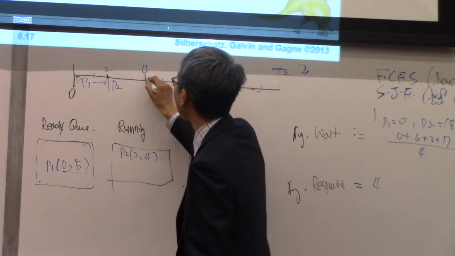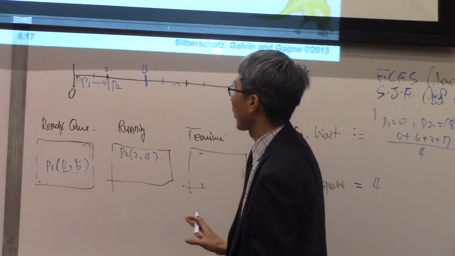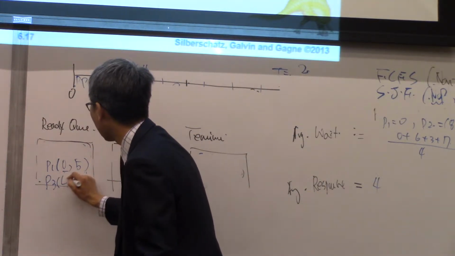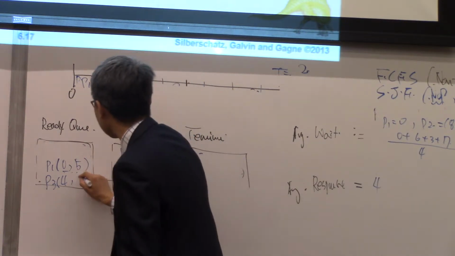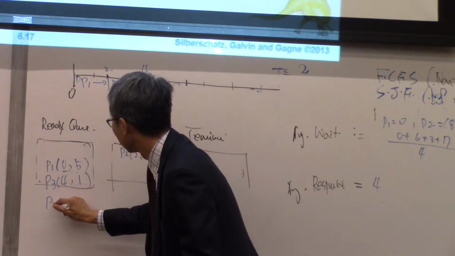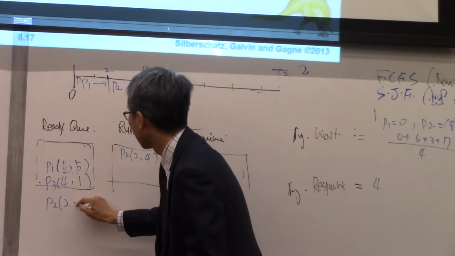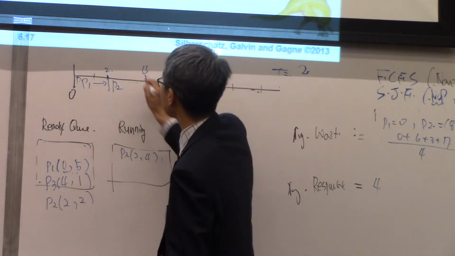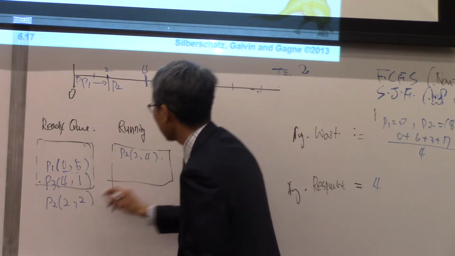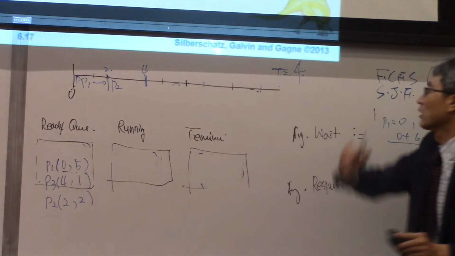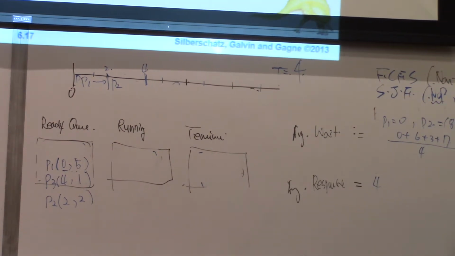At time 4, P3 arrives with a CPU burst time of 1, and P2 goes back to the ready queue. What is its remaining time? 4 minus 2, since it ran for 2 time slots, so 2. This is the current state of your computer.